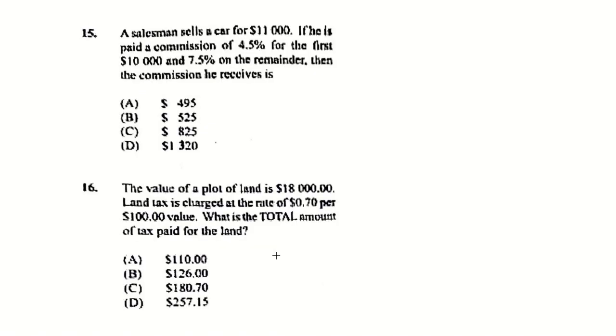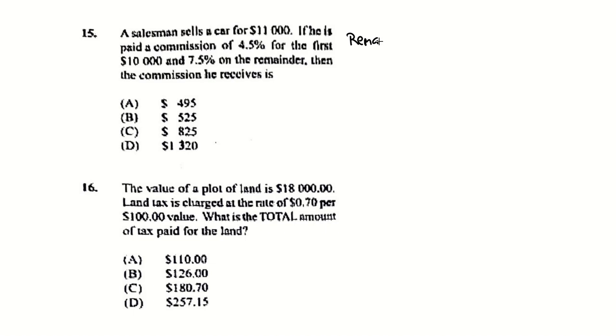Right? Number 15, if a salesman sells a car for 11,000, and he is paid a commission of 4.5% for the first 10,000 and 7.5% for the remainder, then the commission he receives. So first off, let's find out the remainder.